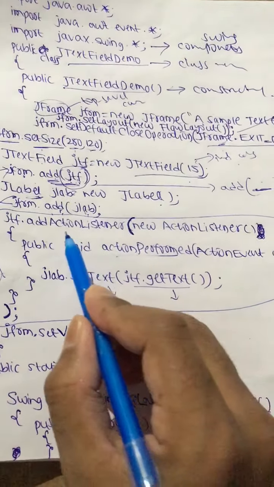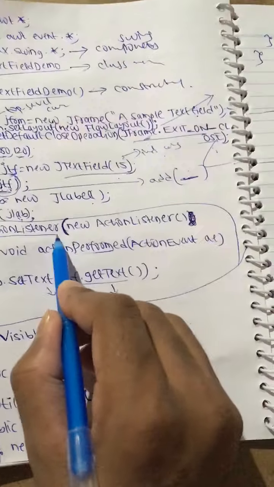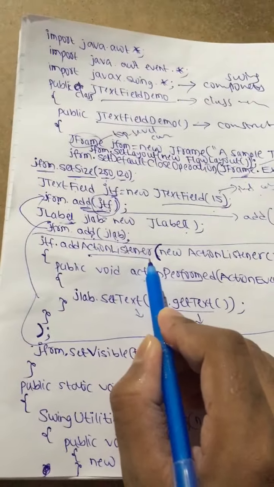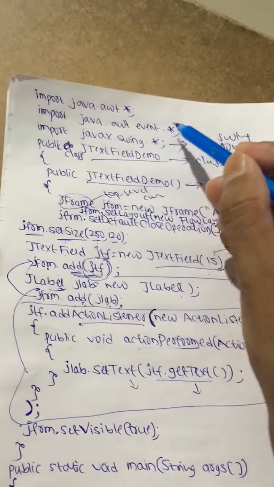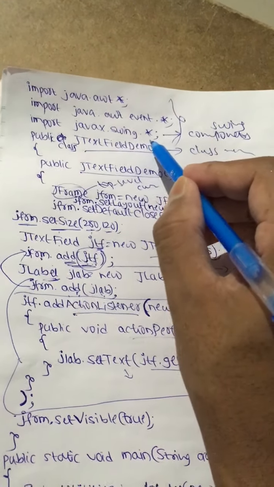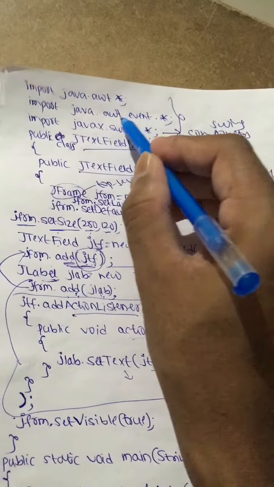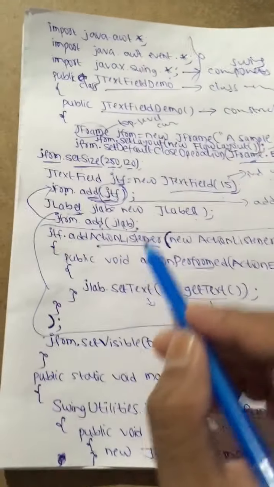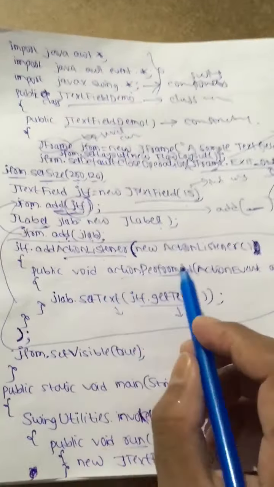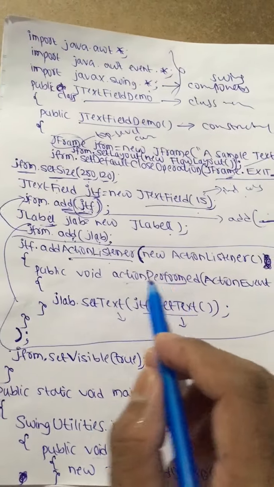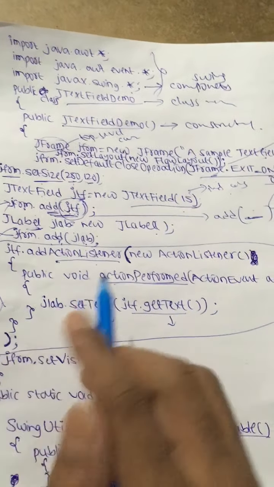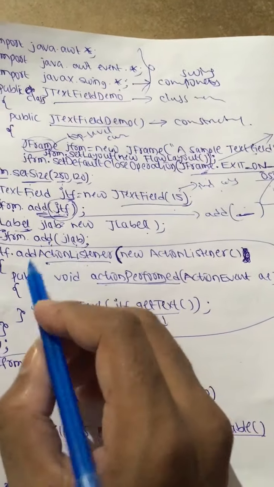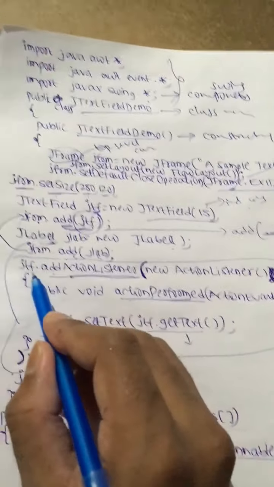That event must be listened to by some action listener. The ActionListener is in the java.awt.event.* package. The ActionListener interface contains the actionPerformed method. We are adding an action listener to jtf.